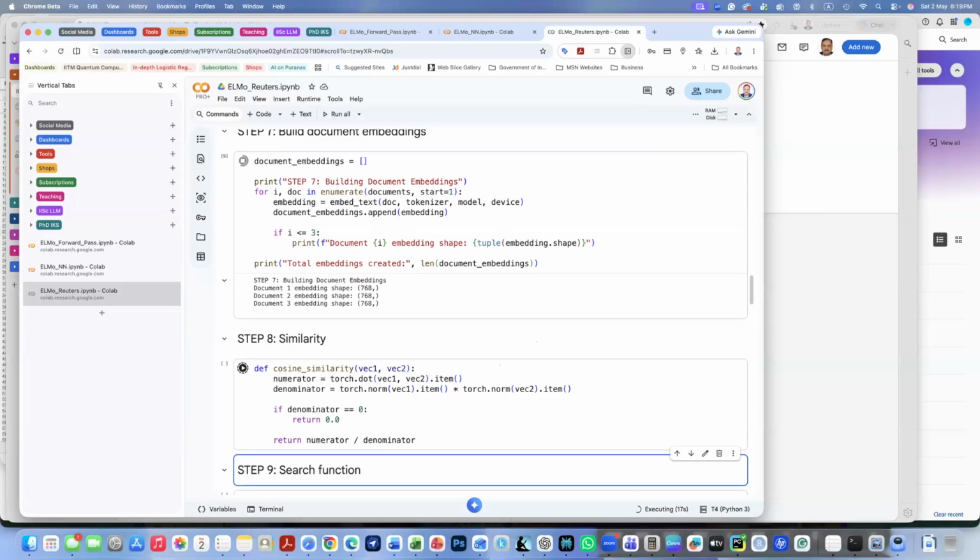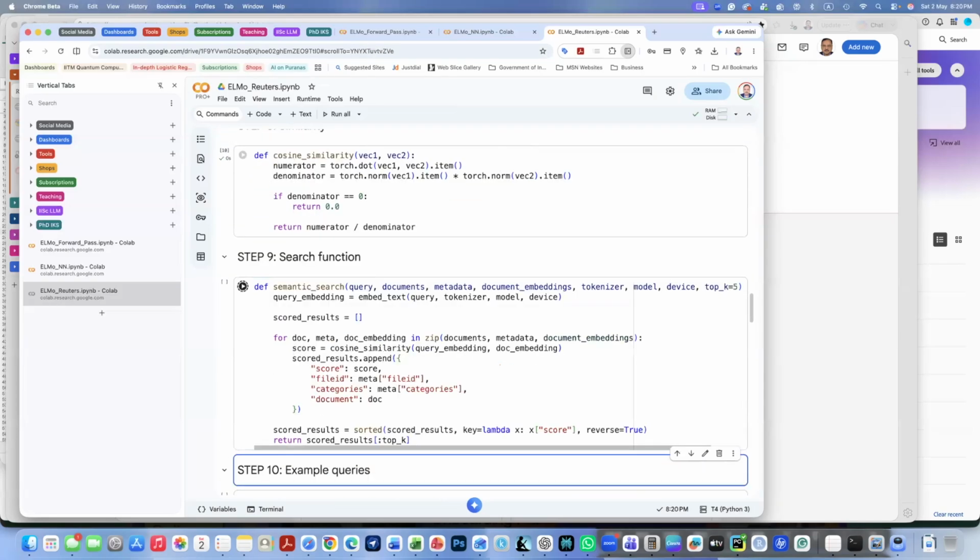Okay, so all the embeddings are created, cosine similarity is created. Now I define a search function.